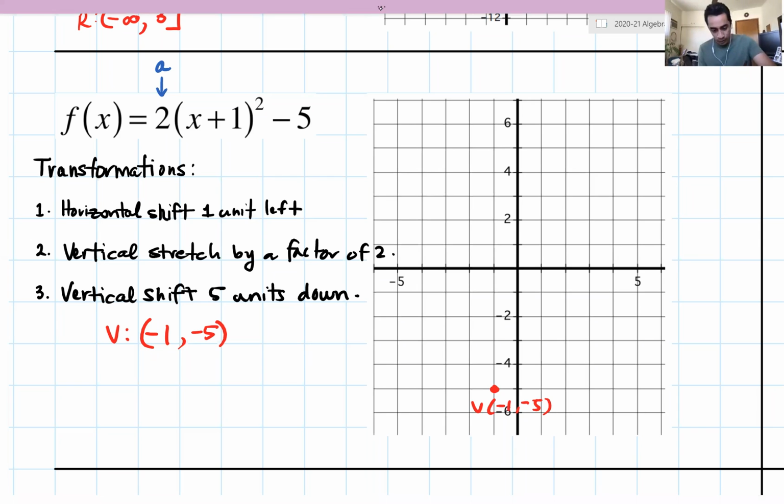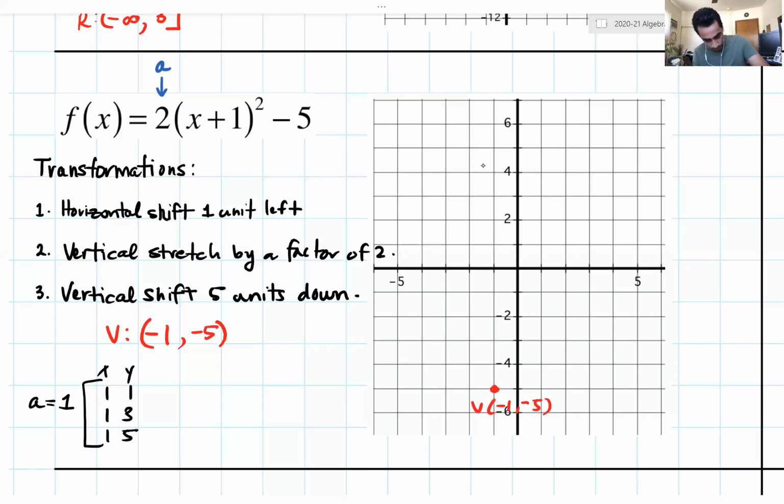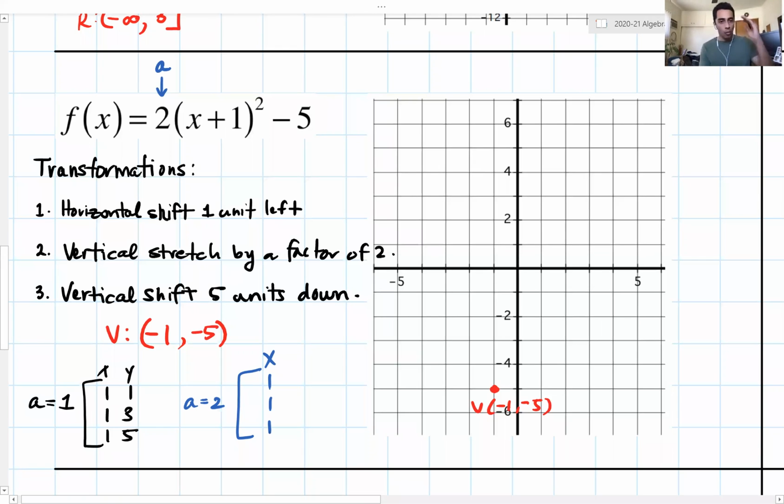Okay, here's how the pattern changes. Remember, if A was 1, you'd have a pattern of 1, 1, 1, 3, 1, 5. But this time, my A is actually 2. So the X part of the pattern does not change. It's still 1.